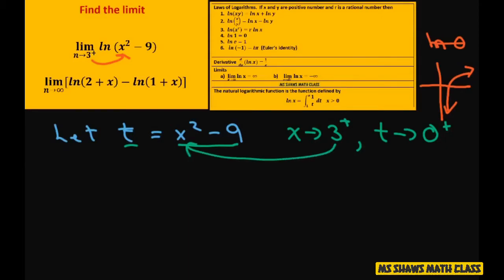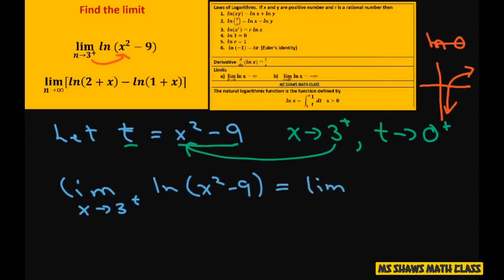So doing that, we can now write this as the limit as x approaches 3 from the right of ln of x squared minus 9, and rewrite this as the limit as t approaches 0 from the right of ln of t.